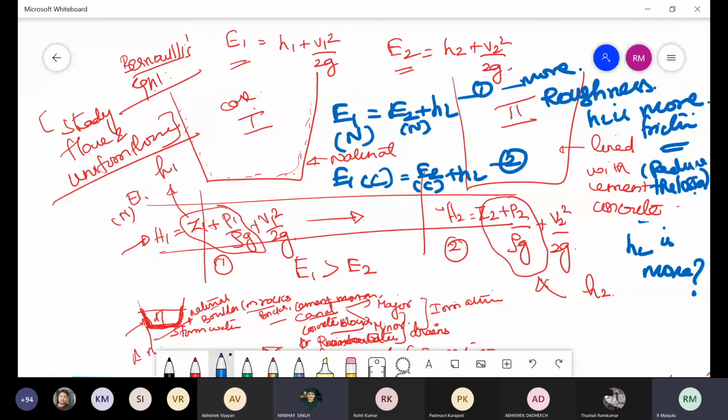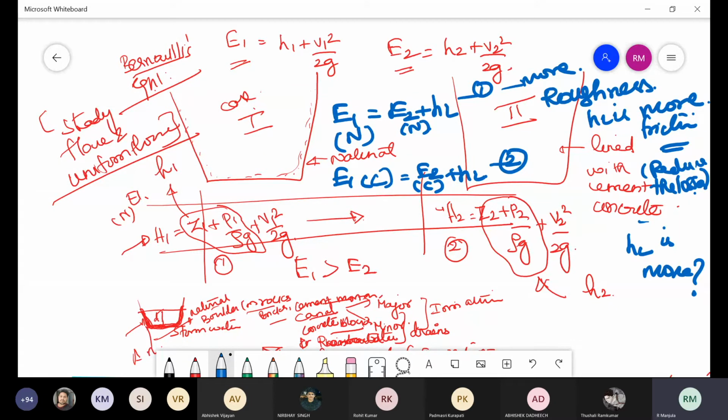Which energy will be more in the second case? Energy will be higher, loss will be lower, and hence you will be able to maintain your discharge or flow rate, because the amount of water will not be lost.